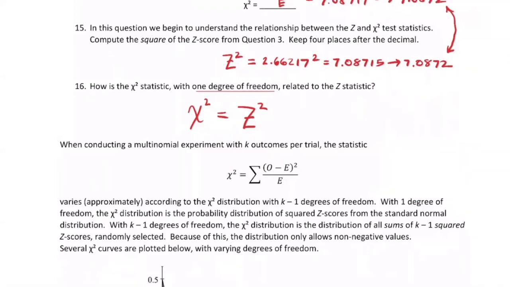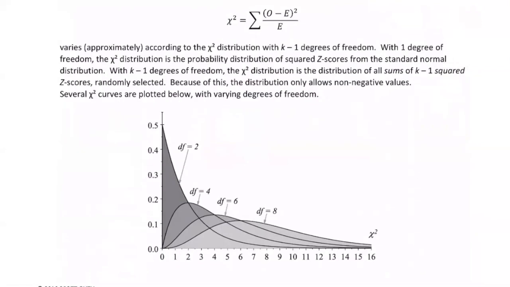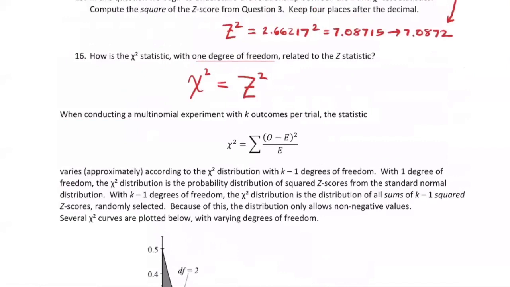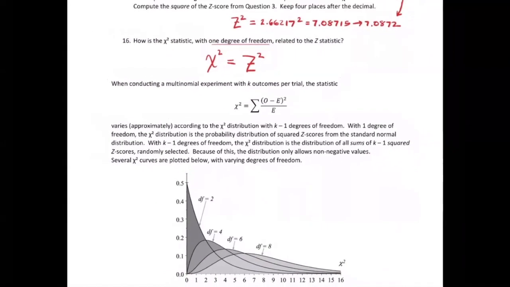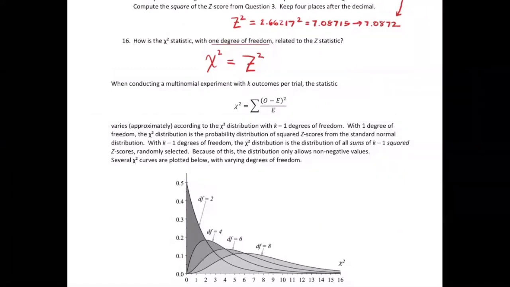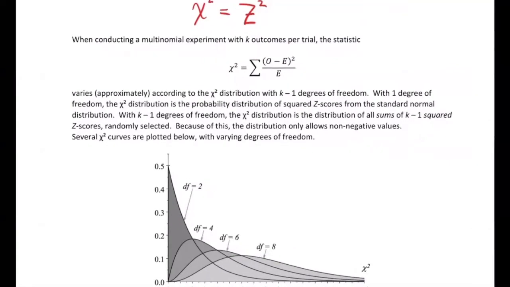What happens when you square z-scores and then figure out the probabilities? Well, it depends on how many degrees of freedom there are. Okay, so let me go ahead and read this. First of all, let me pause for a second. Any questions about what we've done here? Okay, so when conducting the multinomial experiment with k outcomes per trial, the chi-square statistic here varies approximately according to the chi-square distribution.